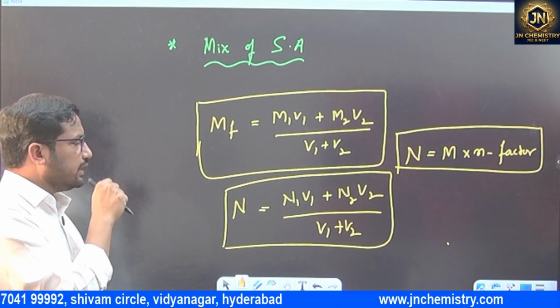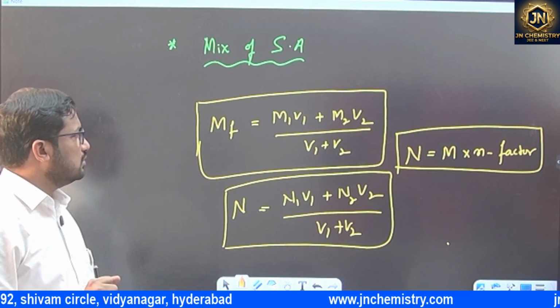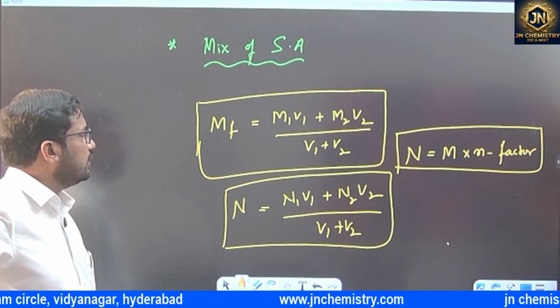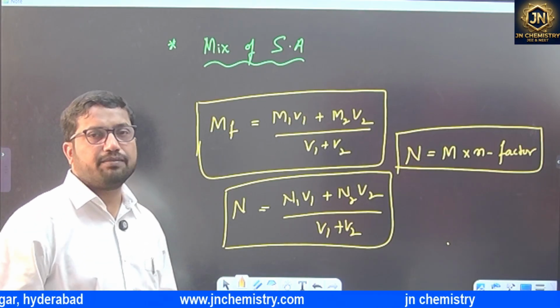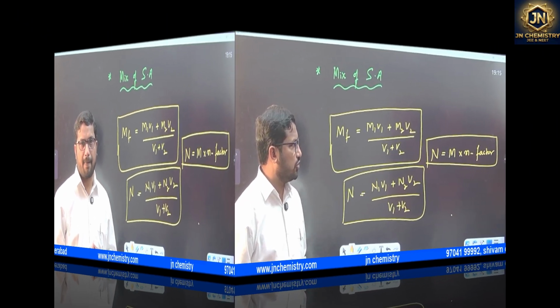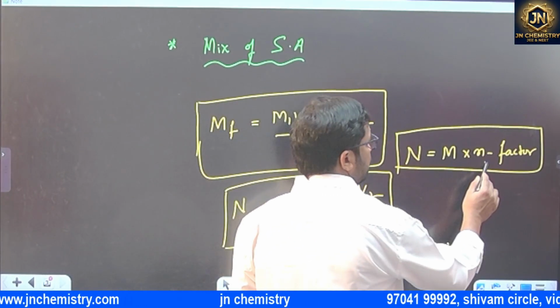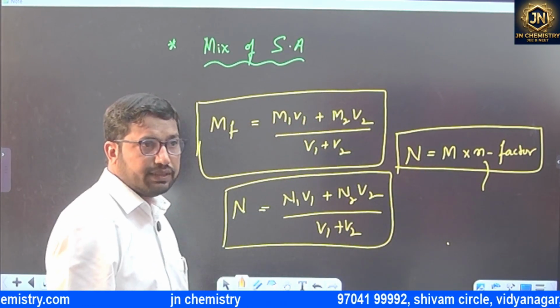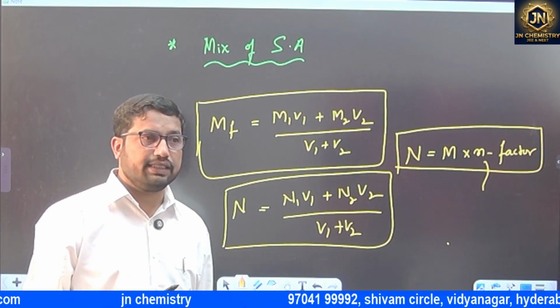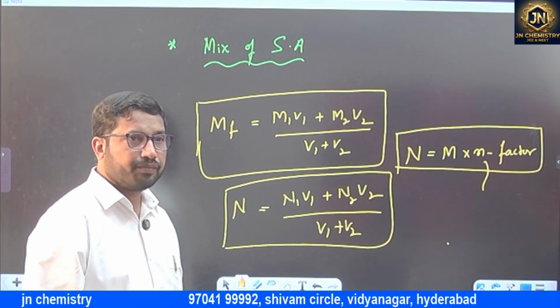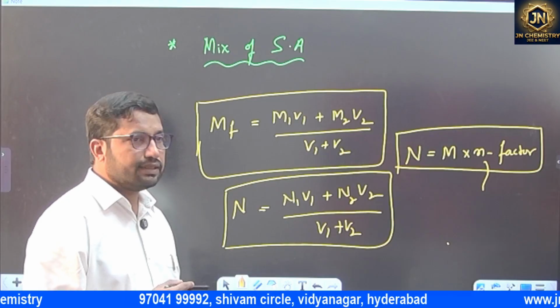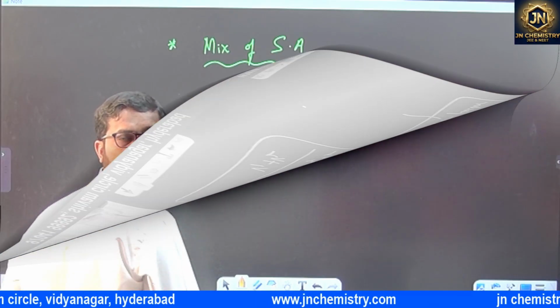So we can take either one. We take the final H plus ion concentration, because strong acids mean 100% dissociation takes place. For acids the N factor is basicity, for bases it is acidity, for salts the charge on cation or anion, and for oxidizing and reducing agents the number of electrons transferred.